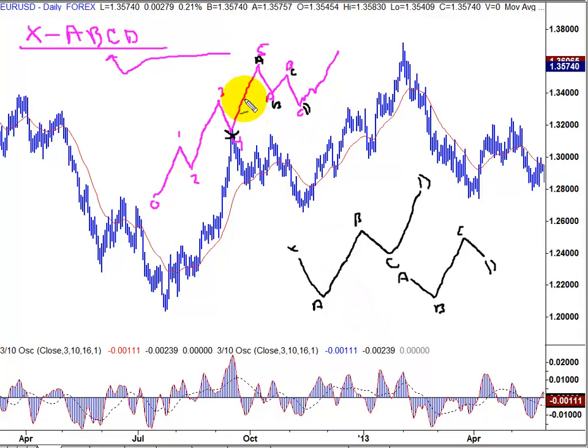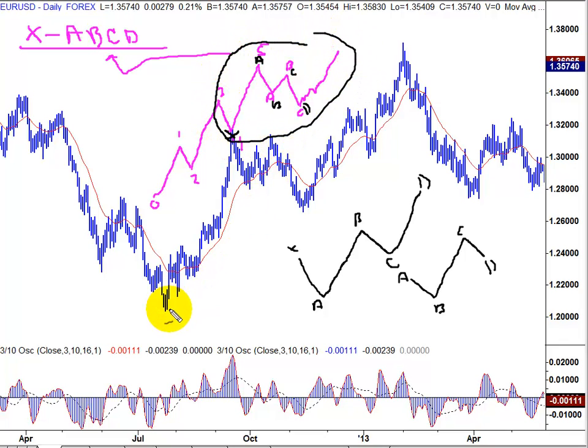If we look at this Elliott wave structure right here, we can actually see this happening with an X, an A, a B, a C, a D.